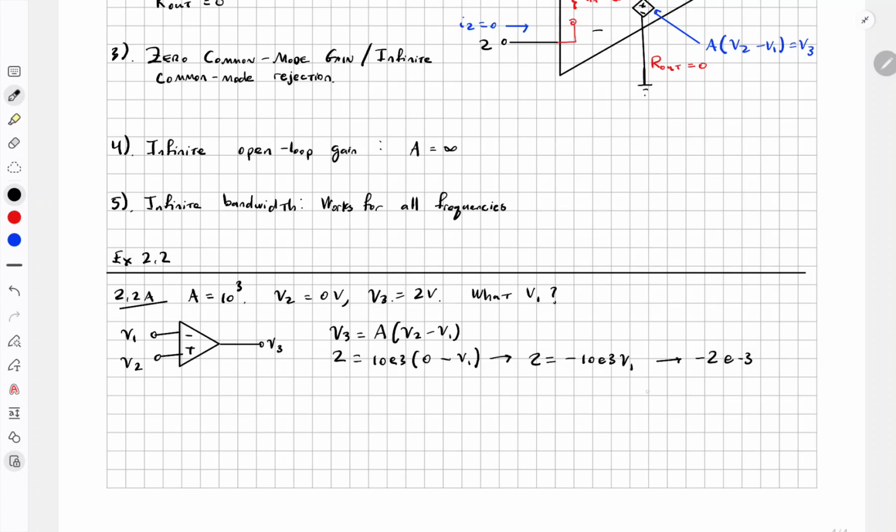So V1 is equal to negative 2 times 10 to the negative 3, which is millivolts, negative 2 millivolts. Okay.